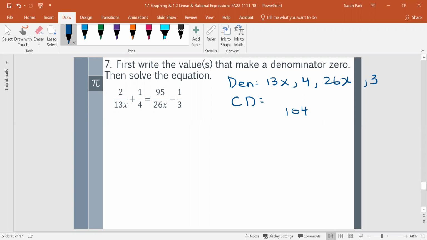Okay, 26 times 4 times 3, that's going to be 312, but that looks like a really, really big number. So maybe I can go even smaller than that. Let's try 13 times 4 times 3.